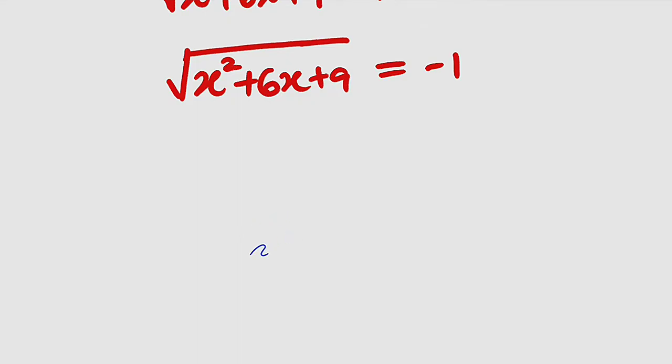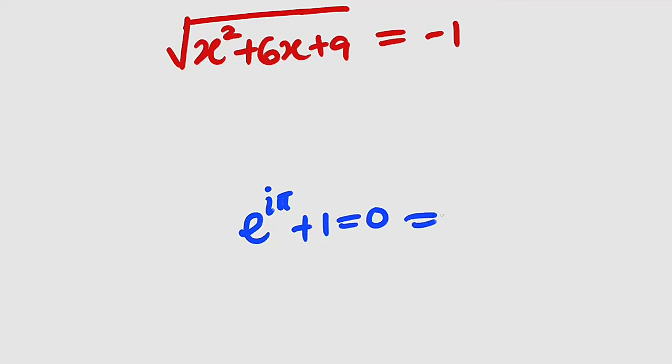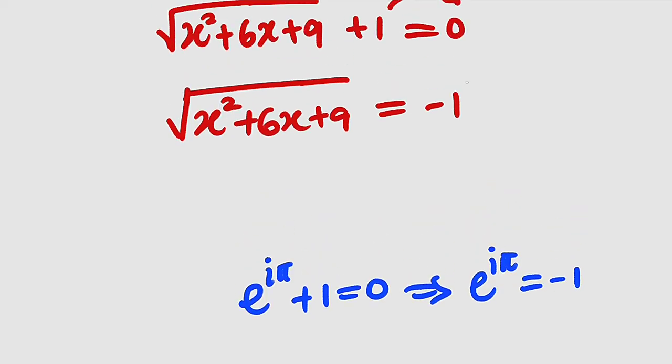Remember Euler's formula, we stated that e to the i pi plus 1 is equal to 0, which means that e to the i pi is equal to negative 1. So instead of this negative 1, we are going to replace it with e to the i pi. So let me do that.